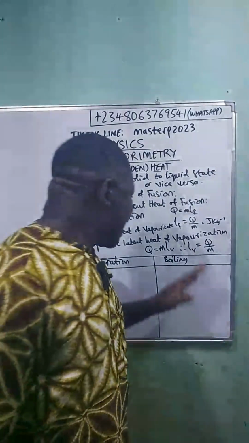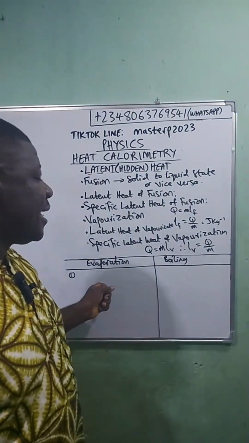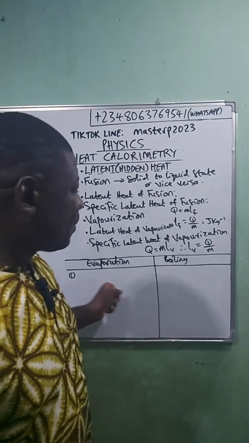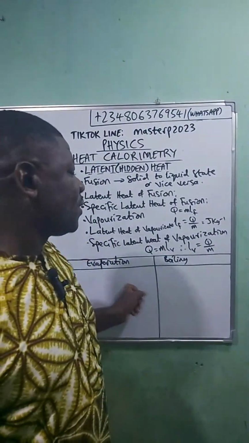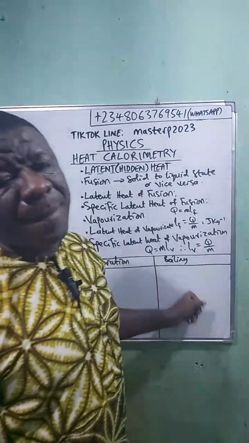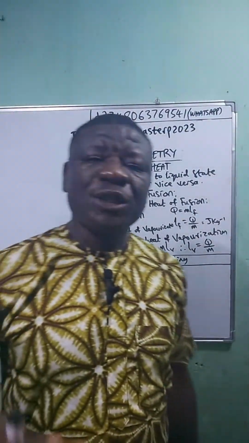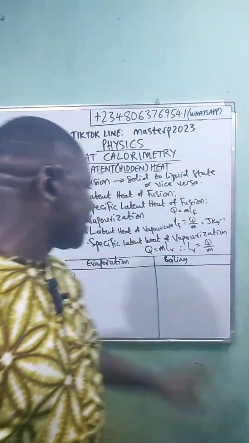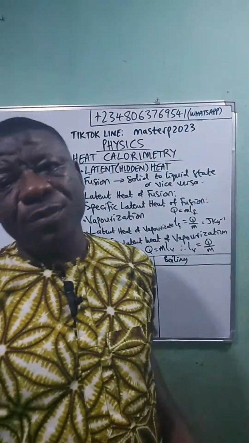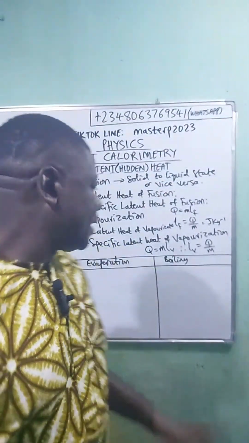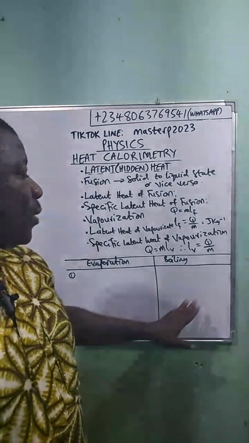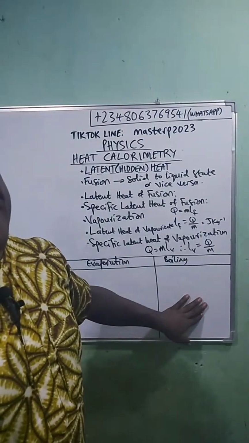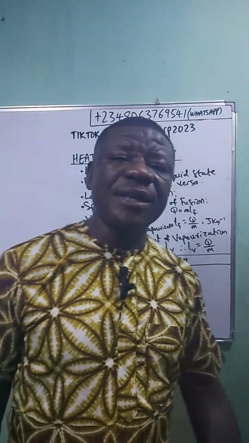And the pressure here is not fixed, but the pressure here must be what? Fixed. Evaporation does not depend on pressure, but boiling depends on pressure. Evaporation occurs at the liquid surface, but boiling occurs at the entire volume of the liquid. Then wind assists evaporation, but wind has no effect on boiling.